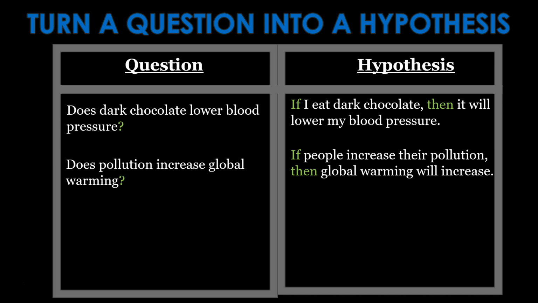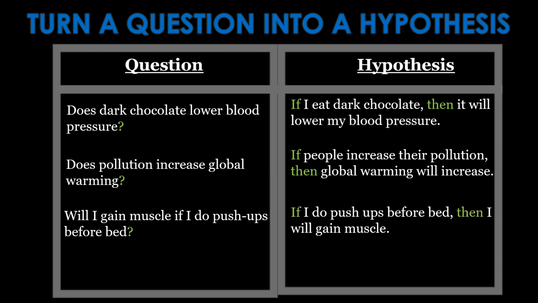If people increase their pollution, then global warming will increase. Will I gain muscle if I do push-ups before bed? Again, rearrange this question into a statement using the two words if and then. So it should sound something like, if I do push-ups before bed, then I will gain muscle.